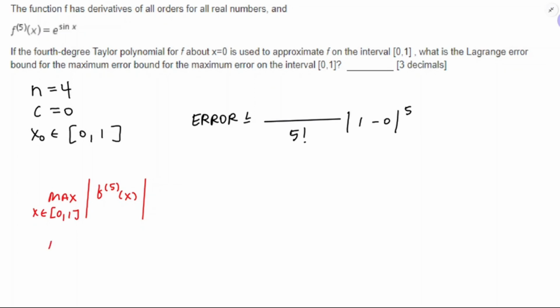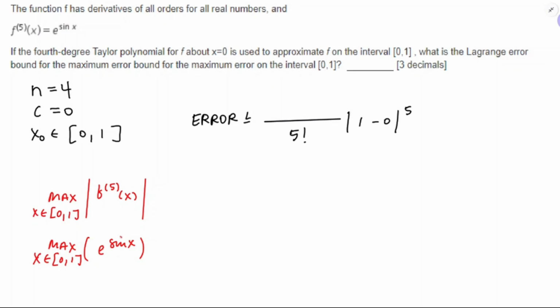Well, so that's really what we're trying to do, is find the maximum value of the absolute value of e to the sine x. Well, e to the sine x is always positive. You could use a calculator for this, but I don't think we need to. I mean, if this was an online quiz and we were typing our answer into 3 decimals, we might as well graph the thing on the interval 0 to 1 and see what the absolute maximum is there and divide it by 5 factorial.